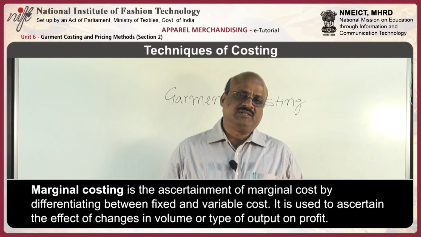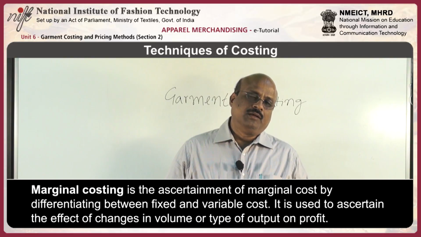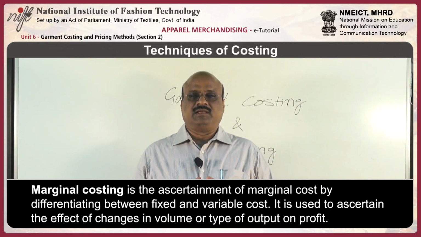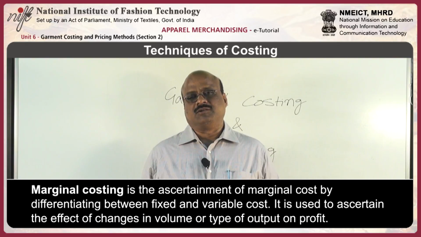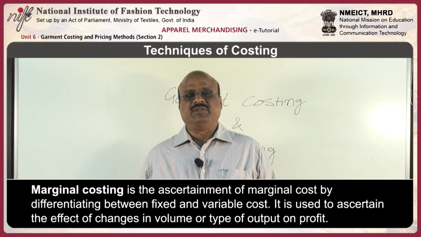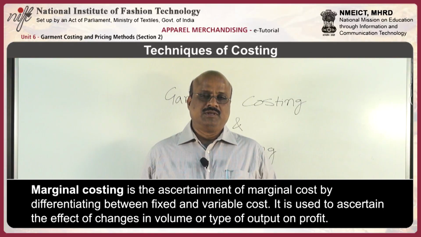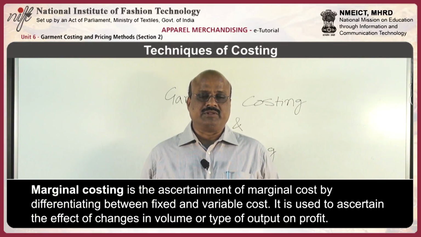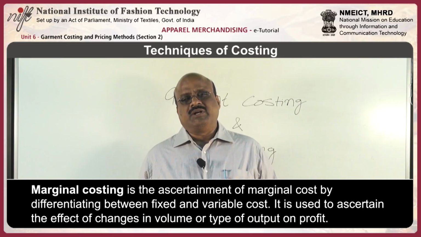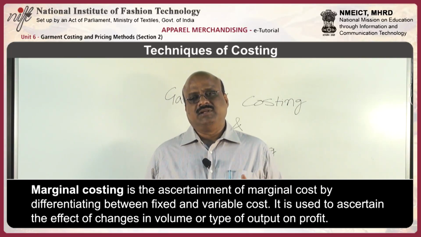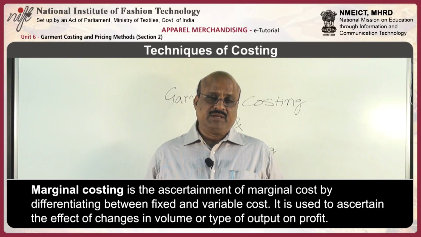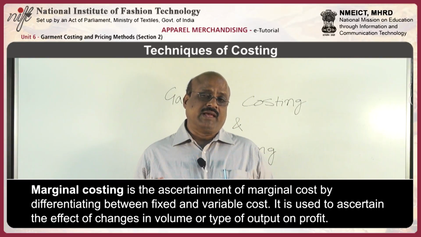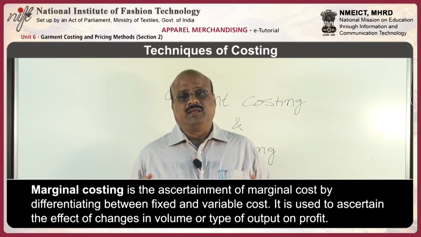Then comes marginal costing. Marginal costing is the ascertainment of marginal cost by differentiating between fixed and variable cost. It is used to ascertain the effect of changes in the volume or type of output on the product. That means marginal costing is basically the cost incurred when an additional product is produced.